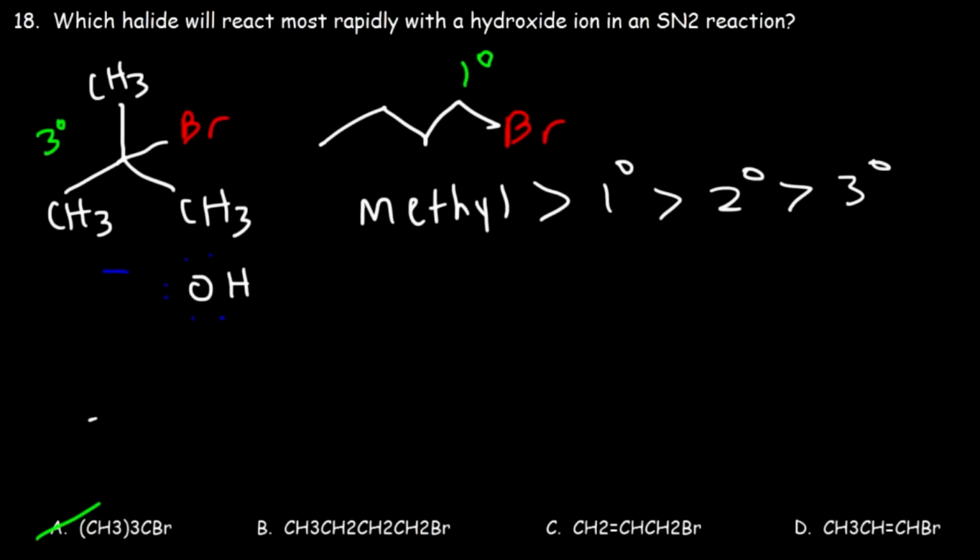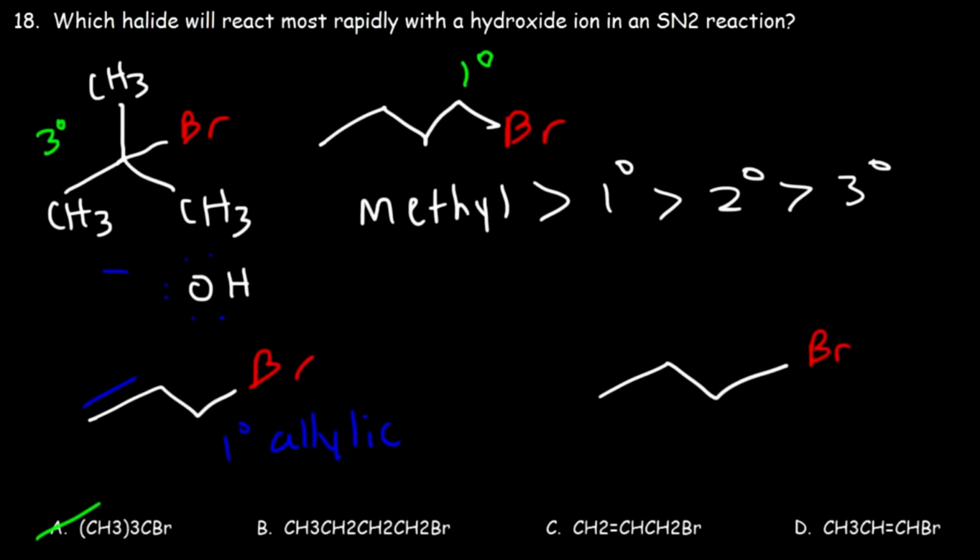Answer choice C has 3 carbons and a bromine atom, but answer choice C represents a primary allylic halide, and answer choice D represents a vinylic halide. The bromine is attached to a carbon that is part of the double bond system.